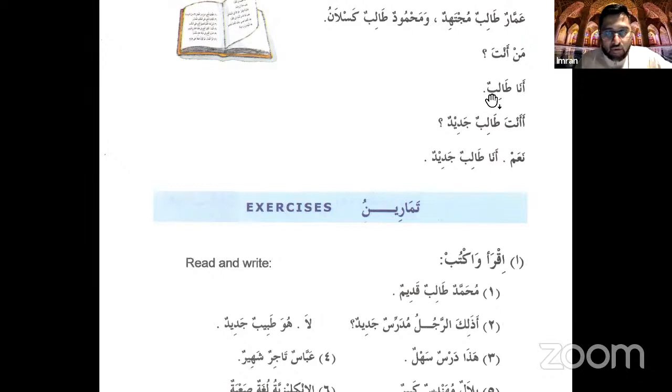So all nouns will end with a dhamma, talibun, taliban, or talibin. And the harakat can be a sukoon, a fatha, kasra, dhamma, and a shadda. Is that clear now?